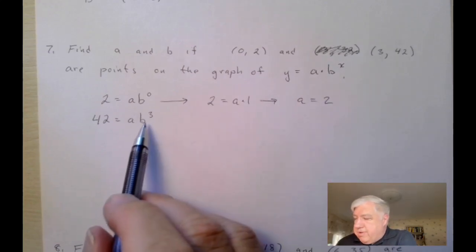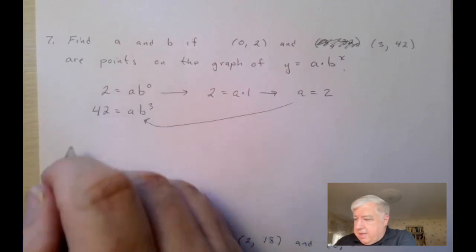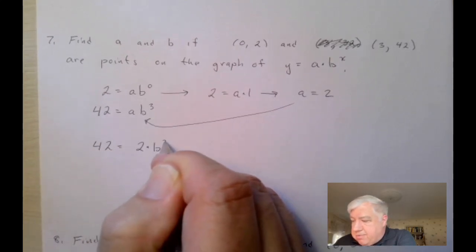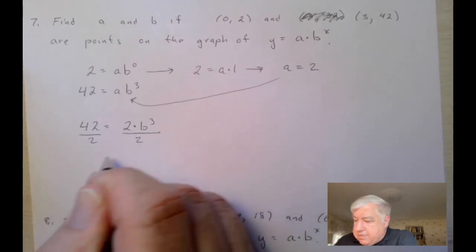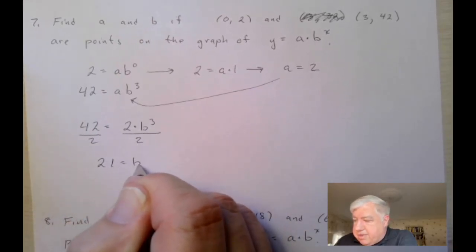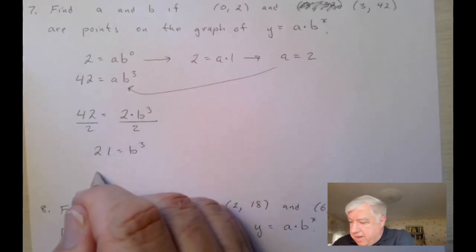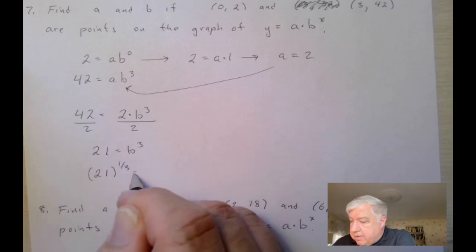And then once we know that a is 2, we can plug that back in to here, and so we'll get 42 is equal to 2 times b cubed. We can divide both sides by 2. We get 21 equals b cubed. And now raise both sides to the 1/3 power. Okay, so that's b.